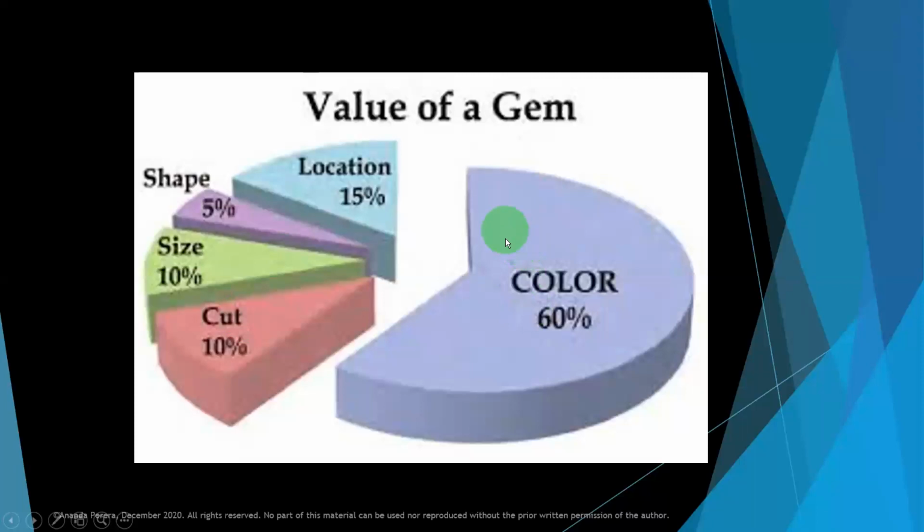Sri Lankan Alexandrites get the 60% for color, 5% for shape, 10% for size, and 10% for the cut. But the location 15%, the buyers don't add, because they add this 15% for the Brazilian stones, and the green is very good. Like that, the value of a gem depends on these five things. Out of these five, 60% for the color, 15 for location, 5% for shape, 10 for size, and another 10 for cut. Altogether, it is 100.